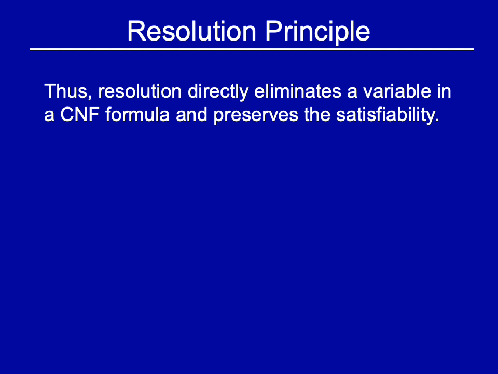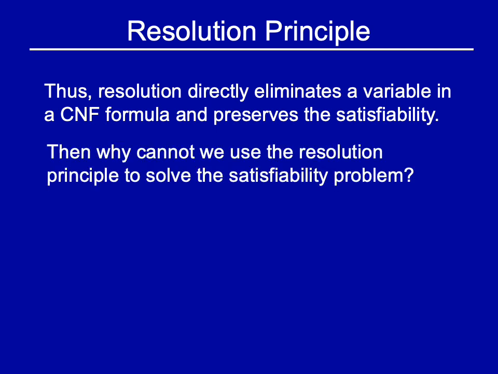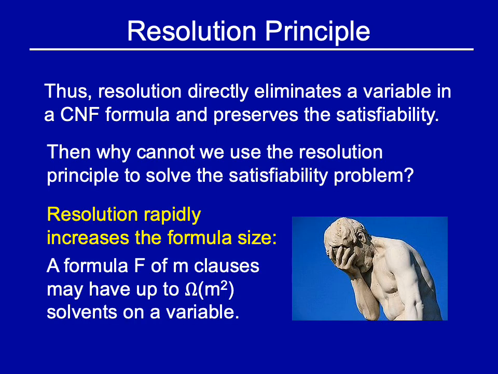Because the resolution eliminates a variable in the formula. So why don't you just repeatedly use the resolution to get rid of all these variables? But the problem here is that if you do resolution, then you increase the formula size very quickly. Suppose you have a formula that has m clauses.